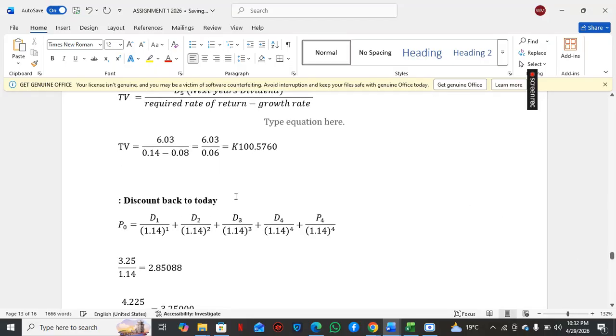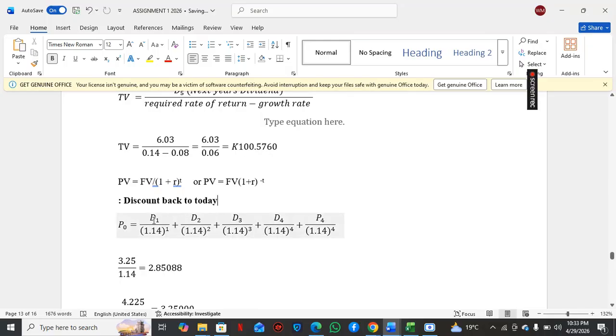So remember the formula for present value. Present value equals future value over 1 plus R to the power T. Or you can say present value equals future value times 1 plus R to the power negative T. Any of these formulae can work.